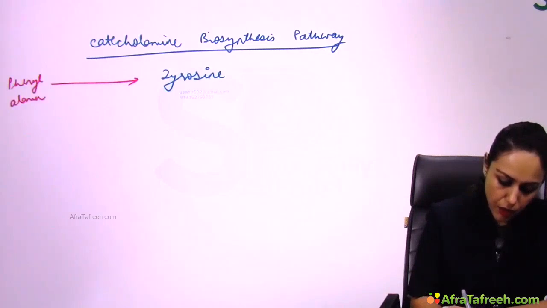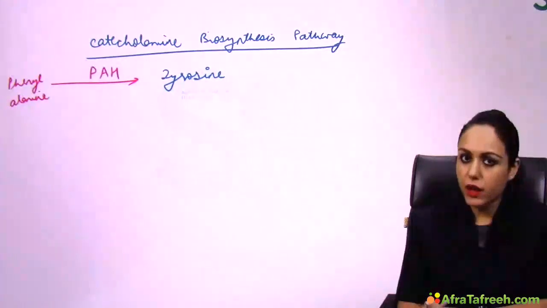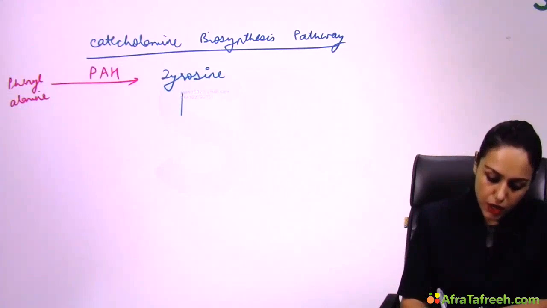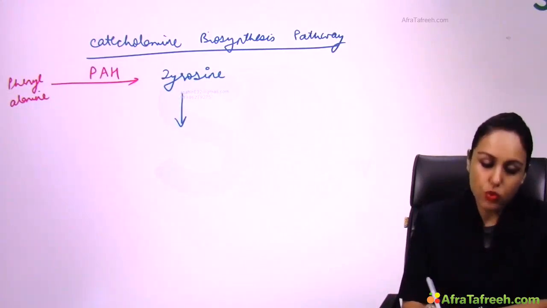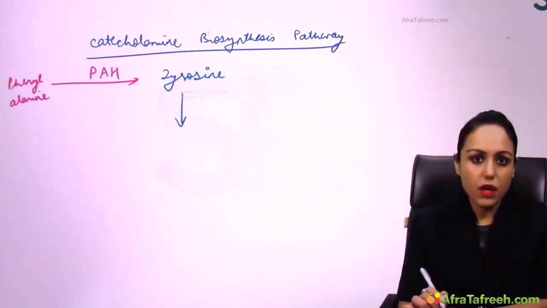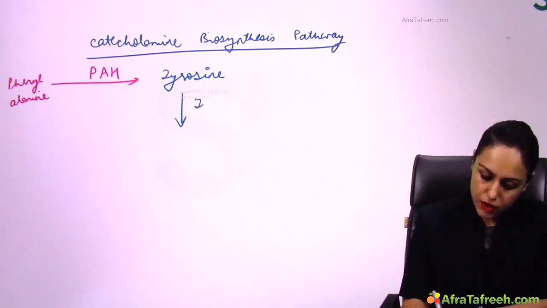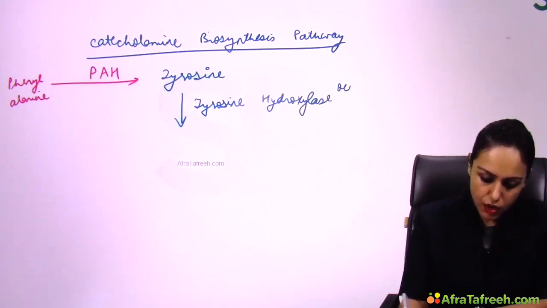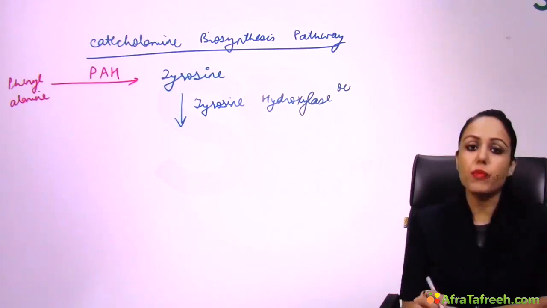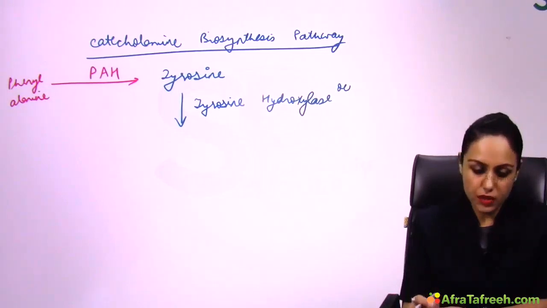Phenylalanine, with the help of enzyme phenylalanine hydroxylase here. Now this tyrosine will be converted to next intermediate, and here also some hydroxylase enzyme is there. Which aromatic amino acid hydroxylase will be used here? Good, that is tyrosine hydroxylase which will be used here, and this tyrosine hydroxylase is the rate limiting enzyme in the synthesis of catecholamines, right?